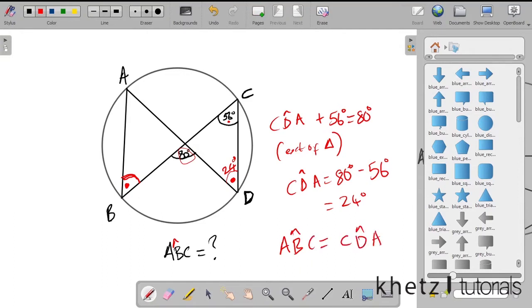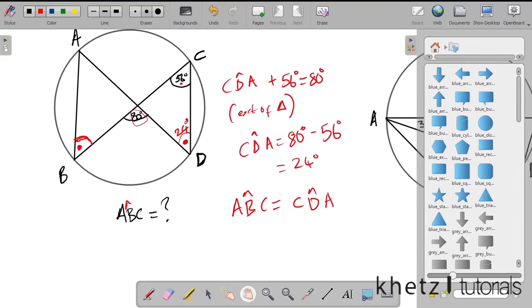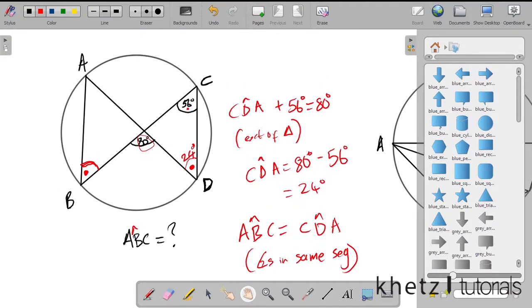CDA. And the reason for that would be that these two are in the same segment. So angles in same segment. Or there's another reason which is basically the same, that says arc AC subtends, so this arc, if you can check, it subtends ABC, also subtends ADC, and that is why these two are actually equal, because of that arc AC.